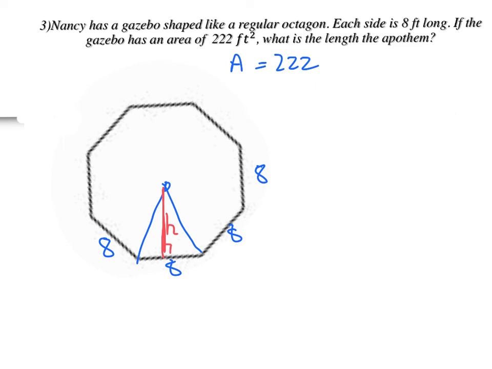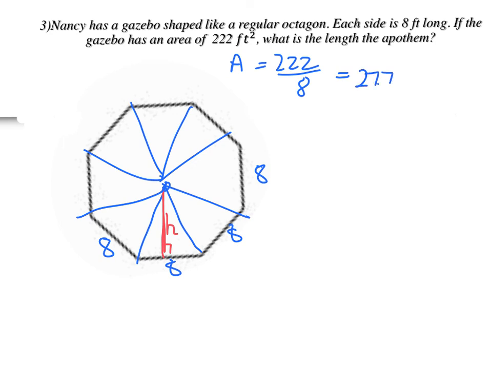Okay, so figuring out that height. Well, if we break this into 8 triangles, then we could start off by taking this whole area of 222 divided by 8 and get that each triangle will be 27.75.